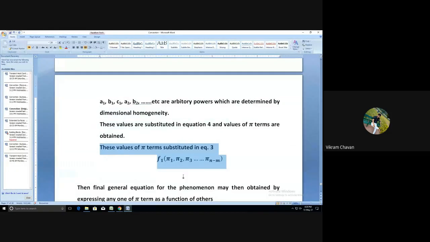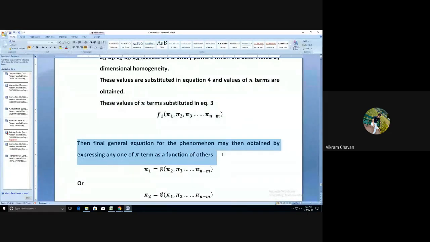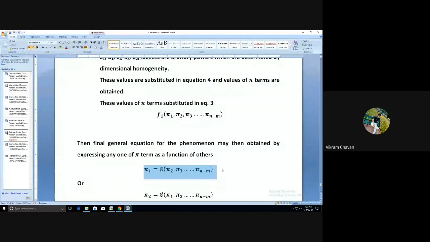Now the final general equation for the phenomenon may be obtained by expressing any pi term as a function of the others. So we can express pi 1 as a function of the remaining pi terms: pi 1 is equal to a function of pi 2, pi 3 up to pi n minus m.